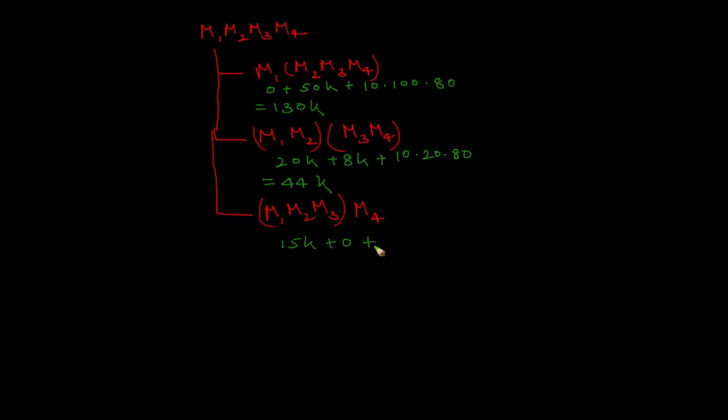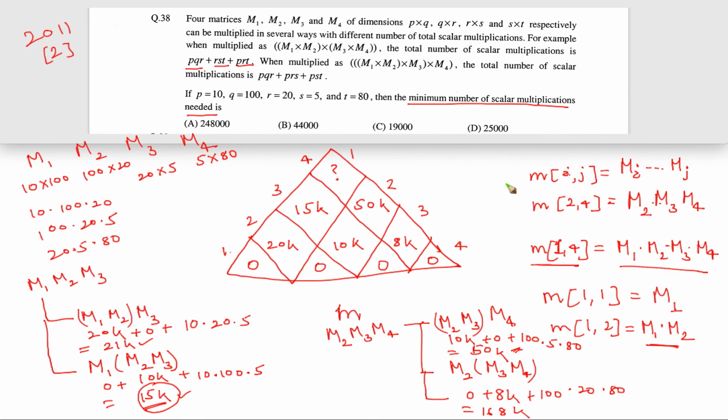So the overall thing is 10 dot 5 dot 80, which means the summation is going to be 19k. Among these three values, whichever is minimum is our answer. So 19,000 is the absolute minimum number of scalar multiplications, that is our final answer, and that's why the answer is 19,000.